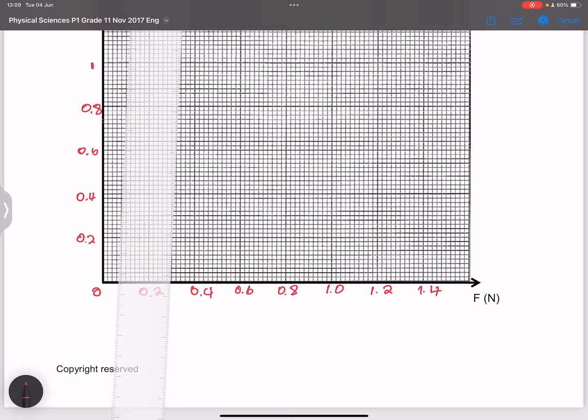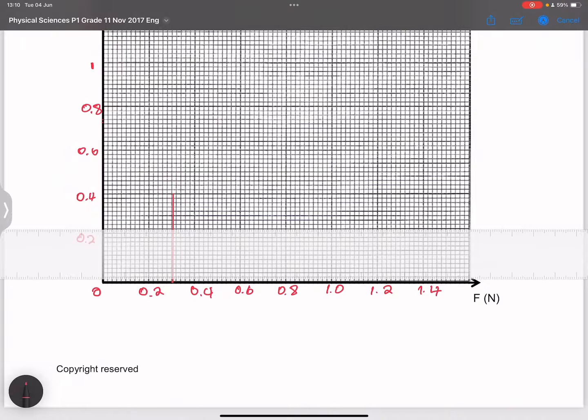So here is our 0.3 mark, and our corresponding y value is 0.36. Okay, let's just make our ruler 90 degrees, because then it skews our value. So there we go. So I'm going to have 0.3, which is this line over here, and 0.36.